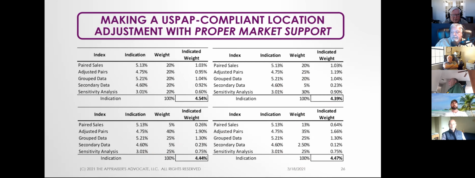Well, we're titling this USPAP compliant adjustments. And to me, the key thing is that USPAP tells us to use a recognized method and to do it credibly. So these are recognized methods published in The Appraisal of Real Estate, 15th edition and its predecessor volumes.